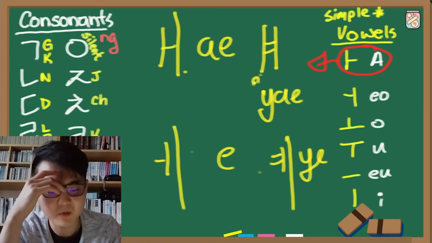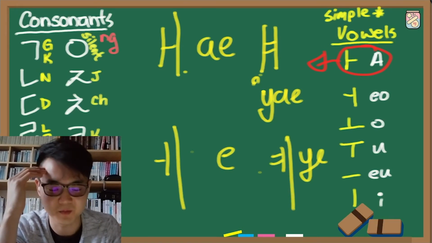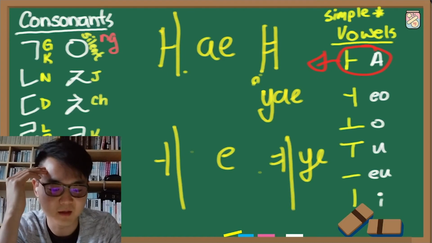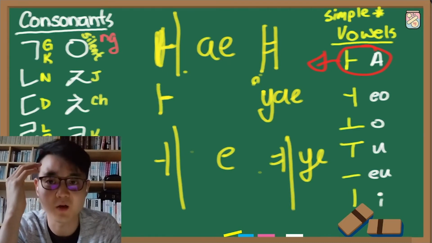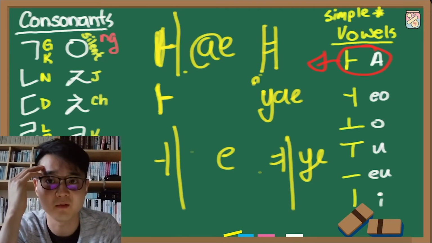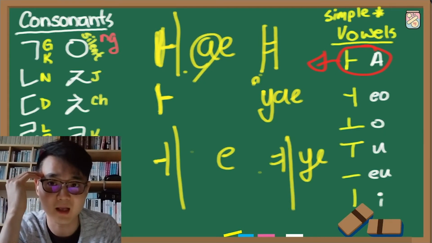The way to remember how to spell them in English alphabets is to remember that if you have this horizontal stroke on the right side of the vertical stroke, then you always have an A in it. If you have that horizontal stroke on the left side, then you do not have A in it.